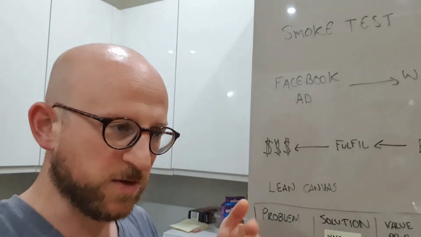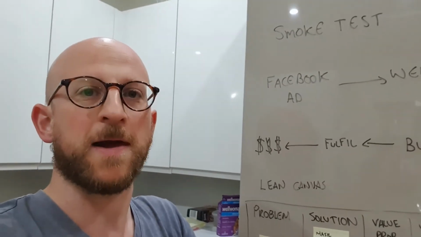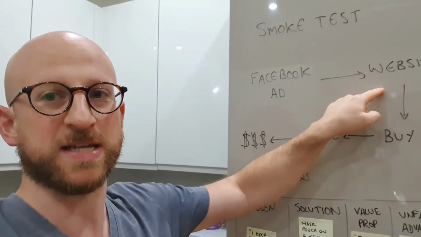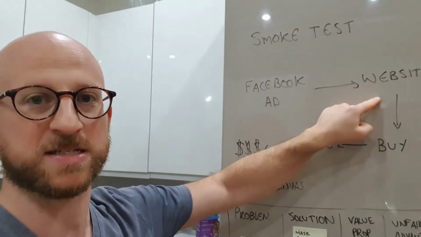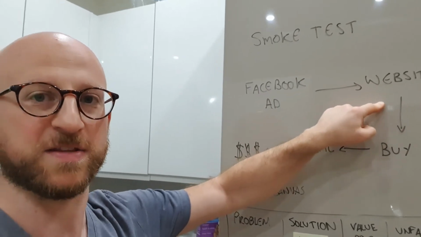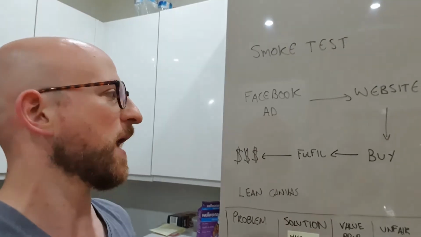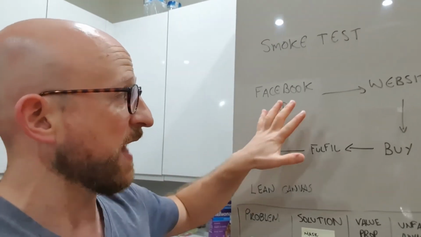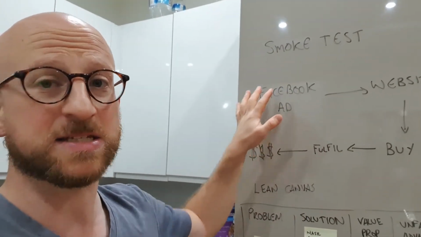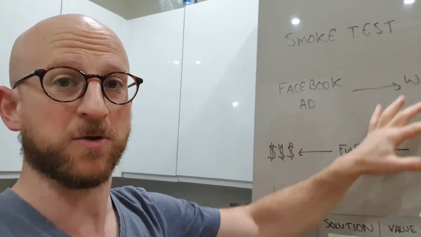And if someone clicks buy now, they go through to your website and you say, sorry, if you want to be on the waiting list, please fill in this form, and you make it GDPR compliant if you're working in the EU. That's all you have to do, and that tests the riskiest assumption without having to build the whole business.